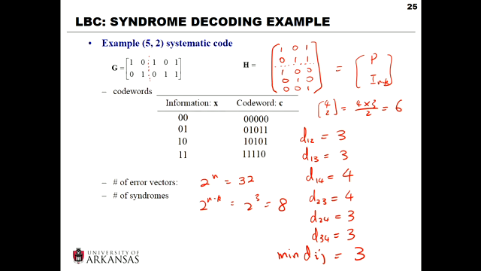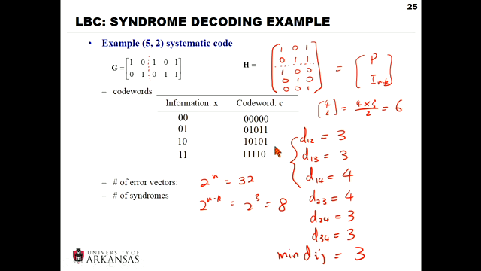Actually, there is an easier way to find the minimum Hamming distance, which is we just use the 0 code word to compare. Actually, this 3 is enough. We just compare the Hamming distance between the 0 code word and all the other code words.